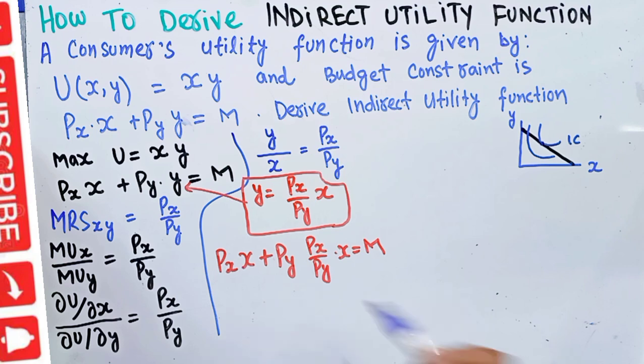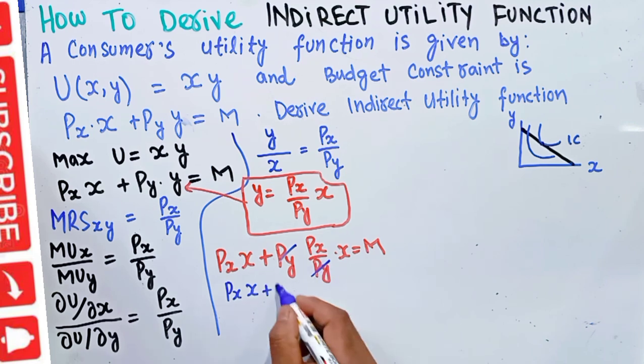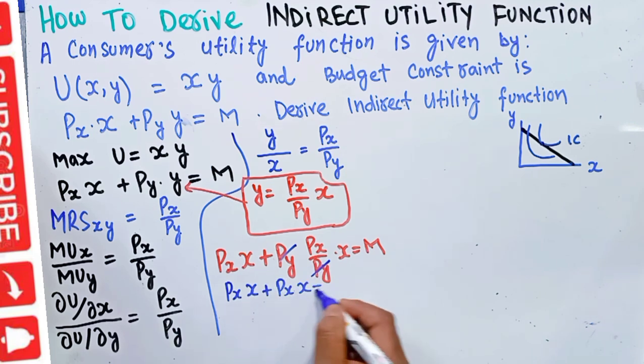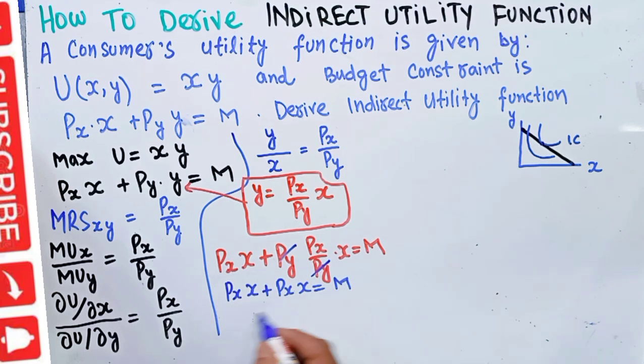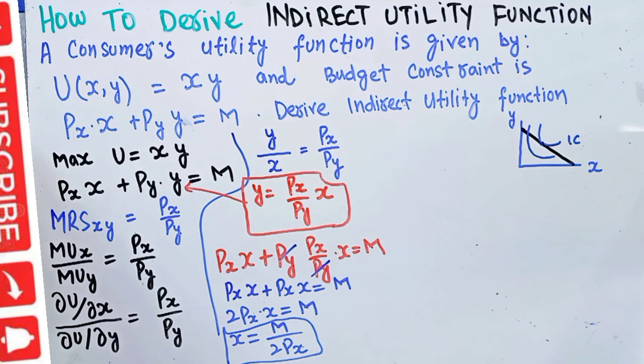Here we can cancel Py, so we get Px times x plus Px times x equals M. So this is twice Px into x equals M, or x will be equal to M upon twice Px. This is the demand function for good x. We also call it the Marshallian demand function.